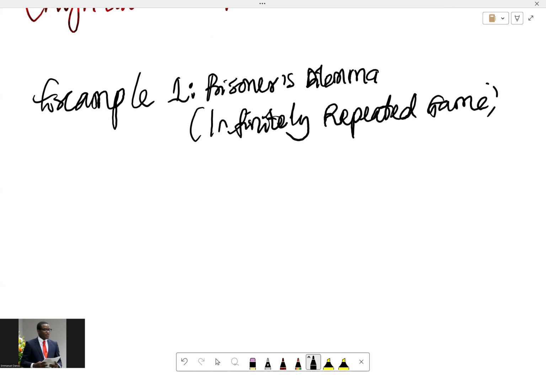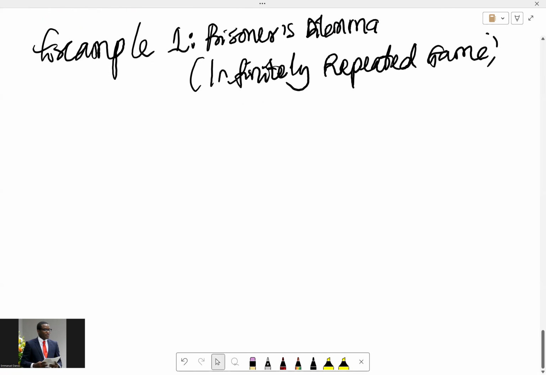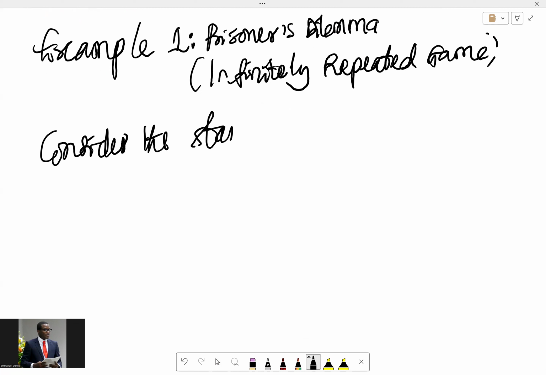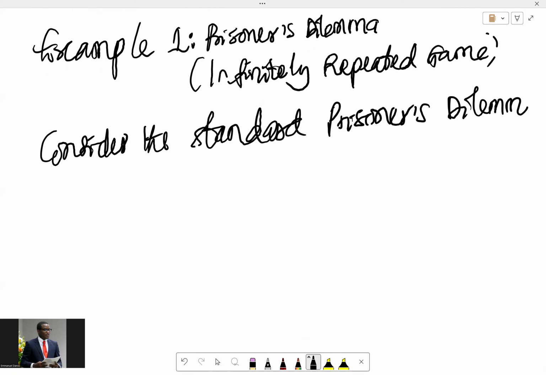Now the question is to consider the standard prisoner's dilemma. That's the most popular game we've referred to in this series so far. So consider the standard prisoner's dilemma, with the payoff we have here.